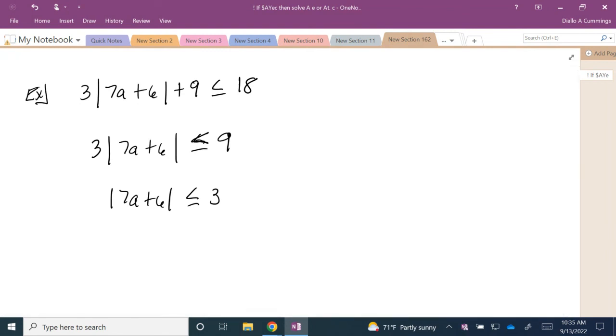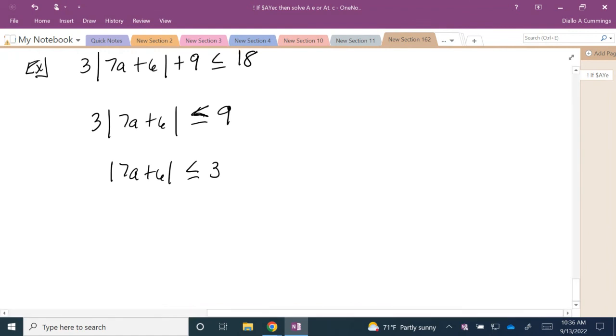Then you want to divide by the quantity, if one, on the outside of your absolute value. Okay, so in this case, we had a multiplier of 3, right? That 3 was multiplied by the absolute value. So we use the opposite operation and we divided both sides by 3. Okay. So now we can use the formula.